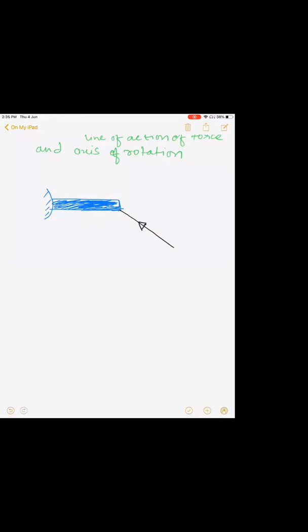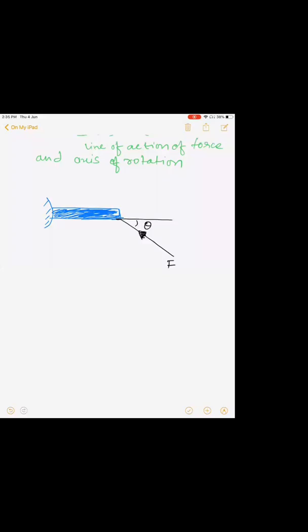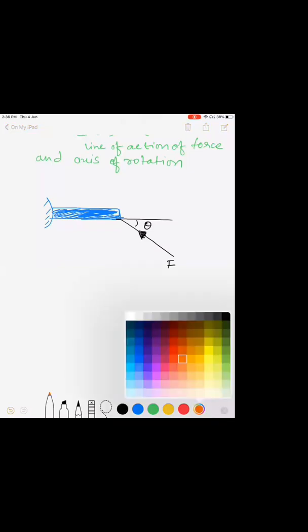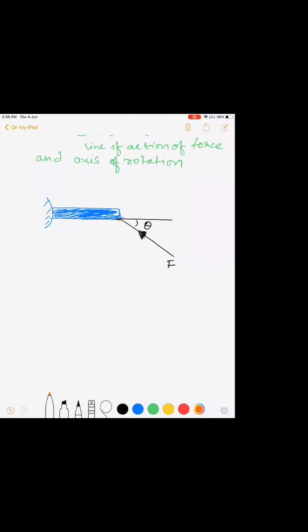This force is acting on the rod at an angle theta with the horizontal. Can we make two components of this force? One component like this will be F sine theta, and this component will be F cos theta.